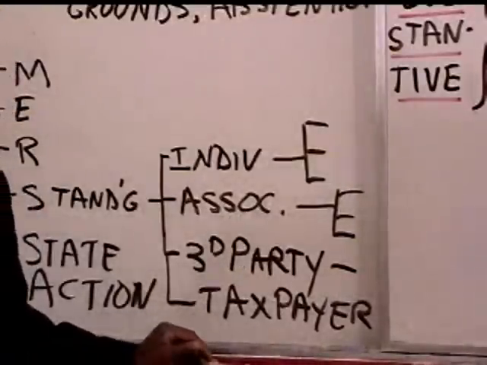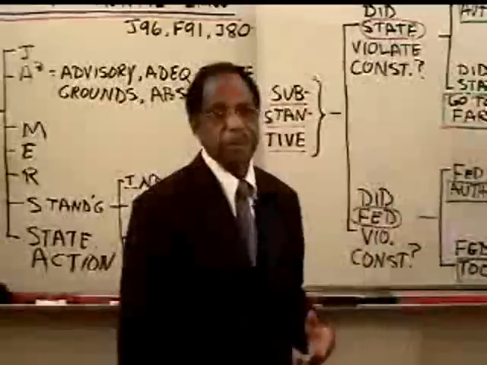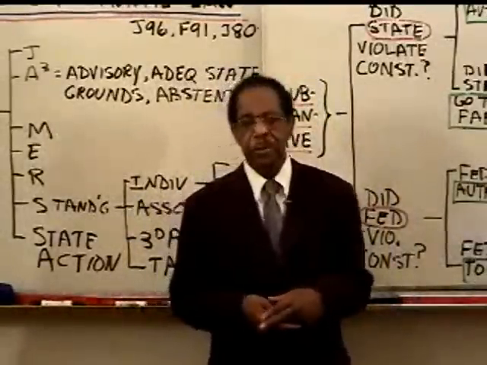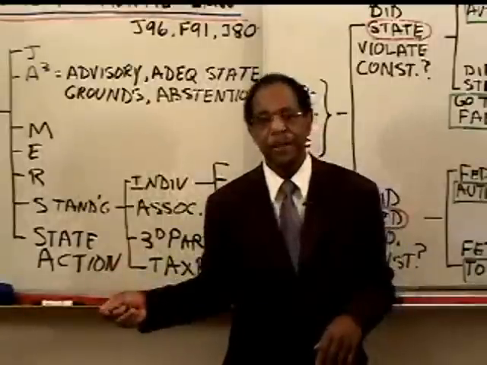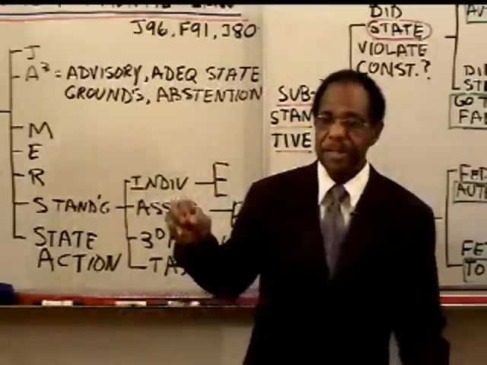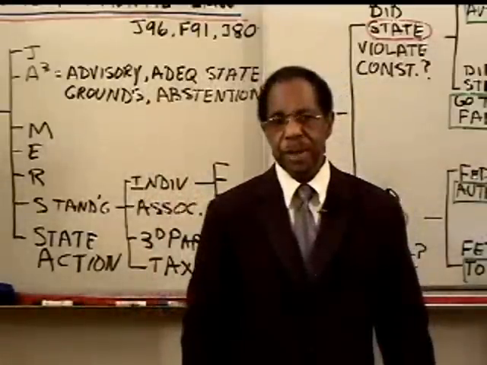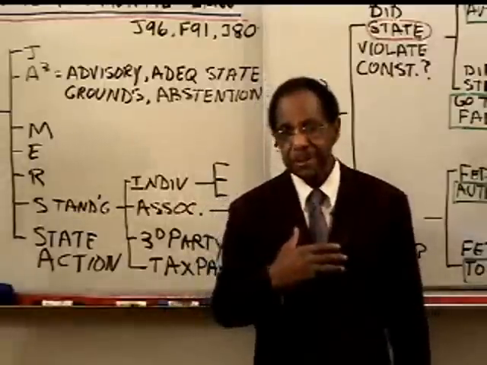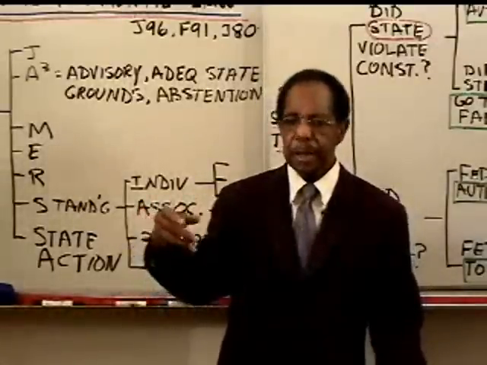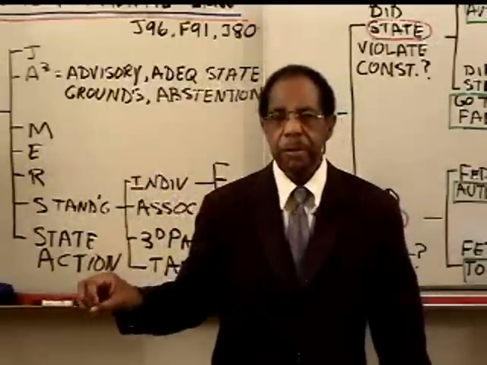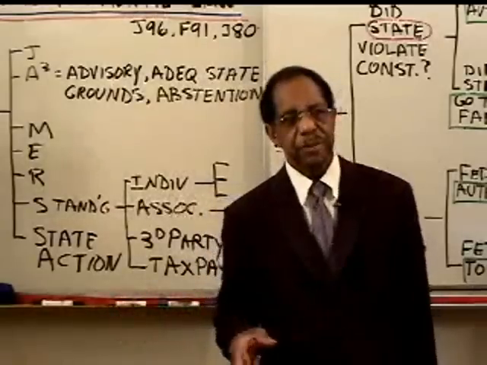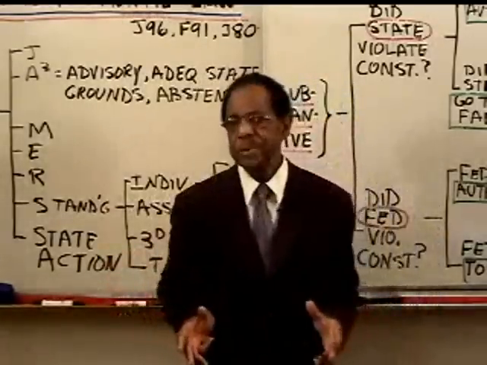Third-party standing is the case where the NAACP says, we, the association, want to assert the rights of a third party, namely our members. They are third parties. We want to assert their rights. They have a right to freedom of association. And if you make us disclose the membership list, their freedom of association will be violated because the state is now examining who they are associating with.